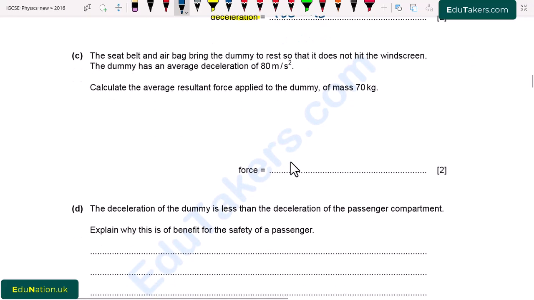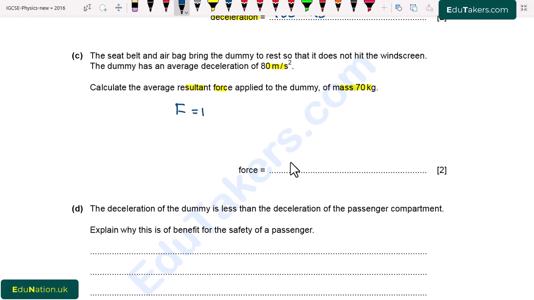Next, part C. The seat belt and the airbag bring the dummy to rest so that it does not hit the windscreen. The dummy has an average acceleration of 80 meters per second squared. Calculate the average resultant force applied to the dummy of mass 70 kg. So here we have to find the value of the average force when mass and acceleration are given.